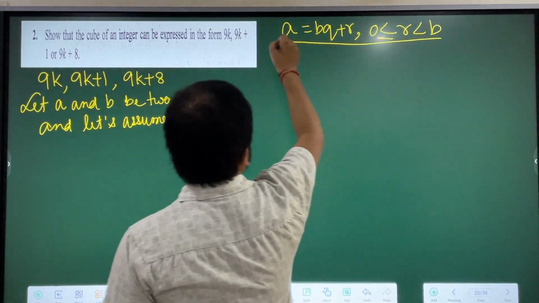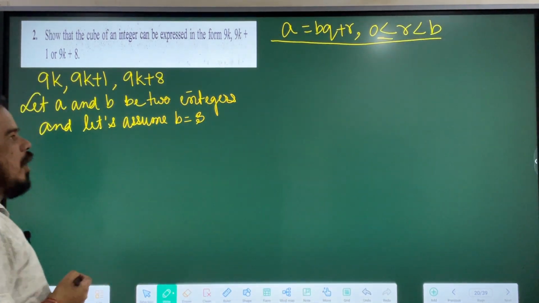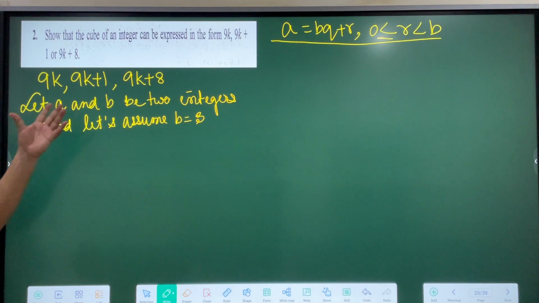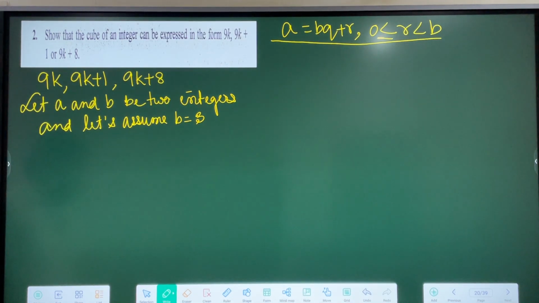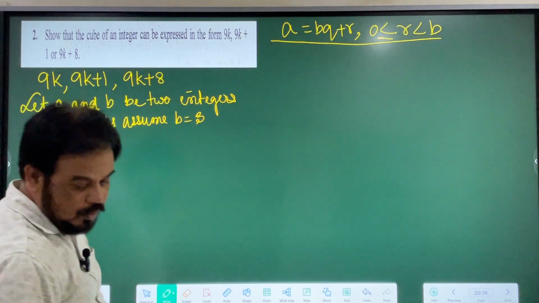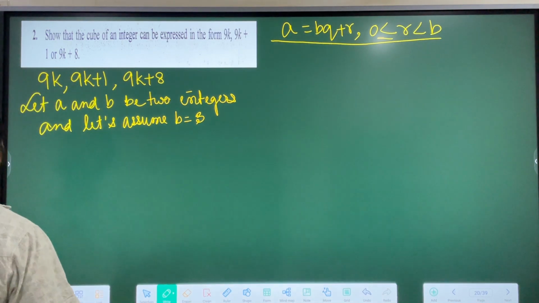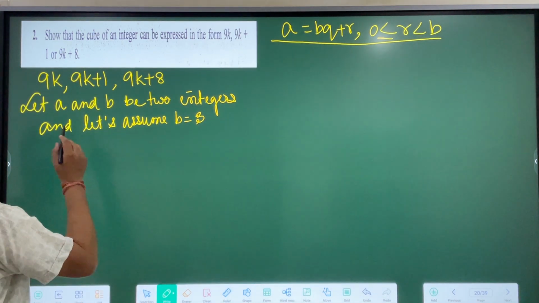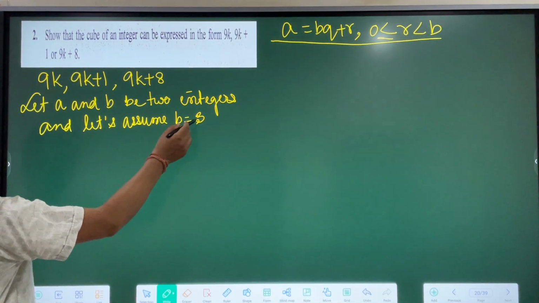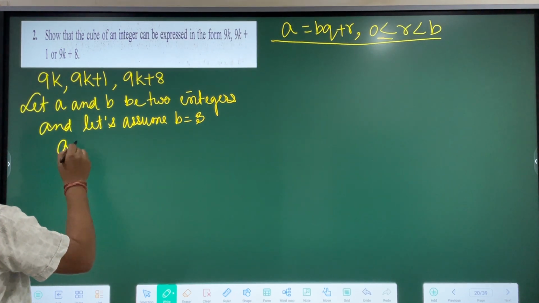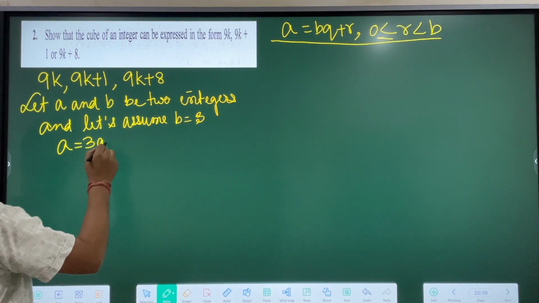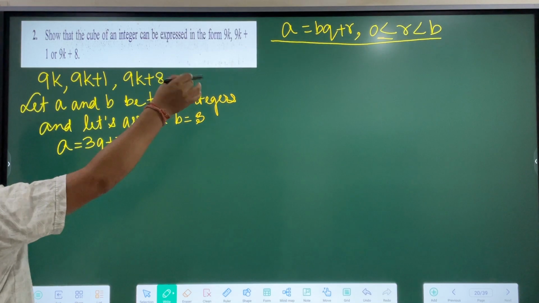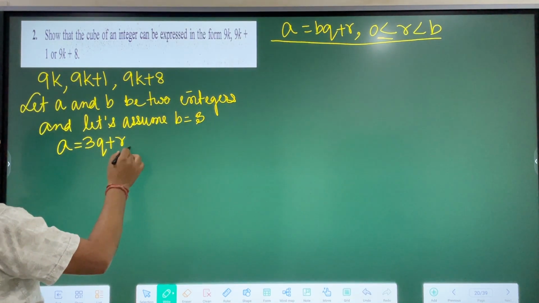This is what every time please note down whenever you do any sum of exercise 3.2. I hope this is 3.2, yes, 3.2. Now, in place of b, we will write 3. a is equal to 3q plus r.